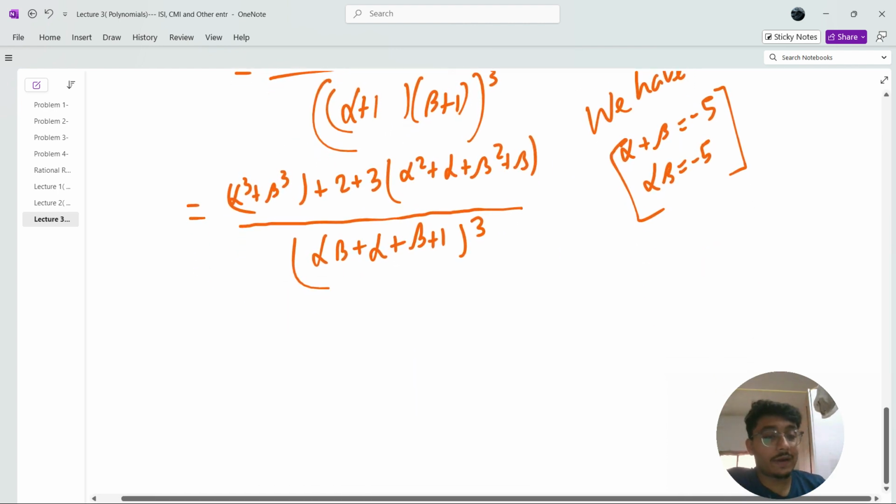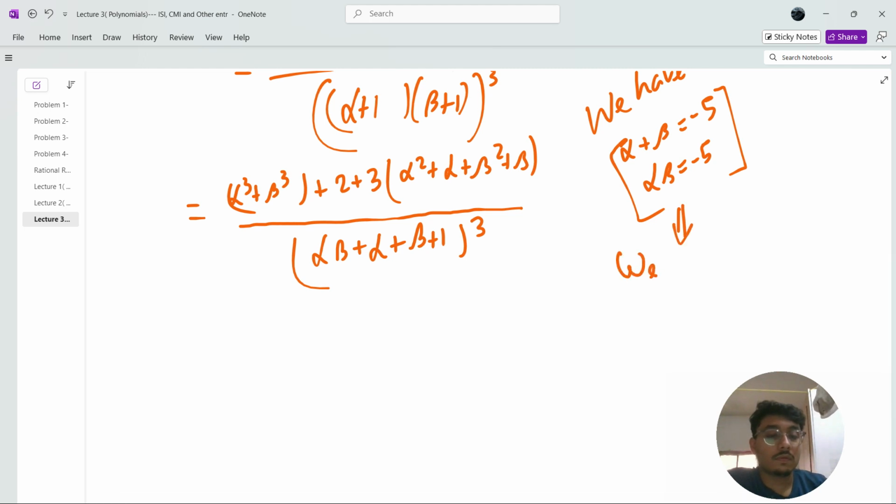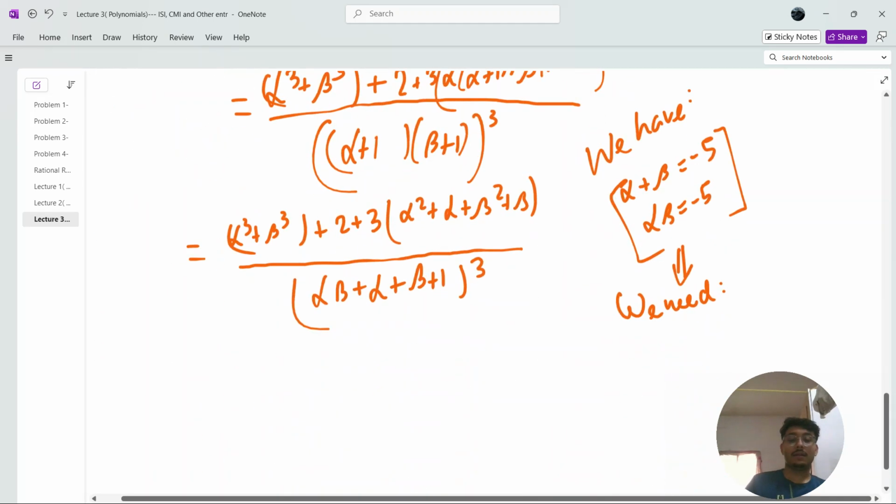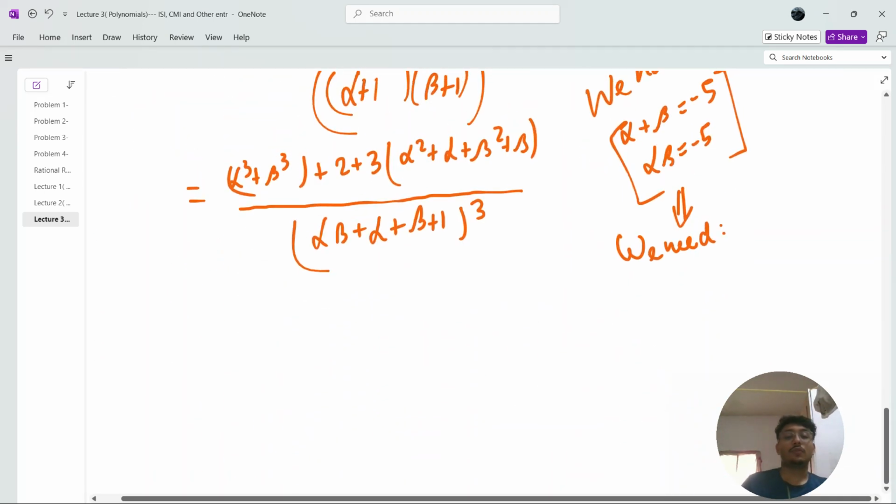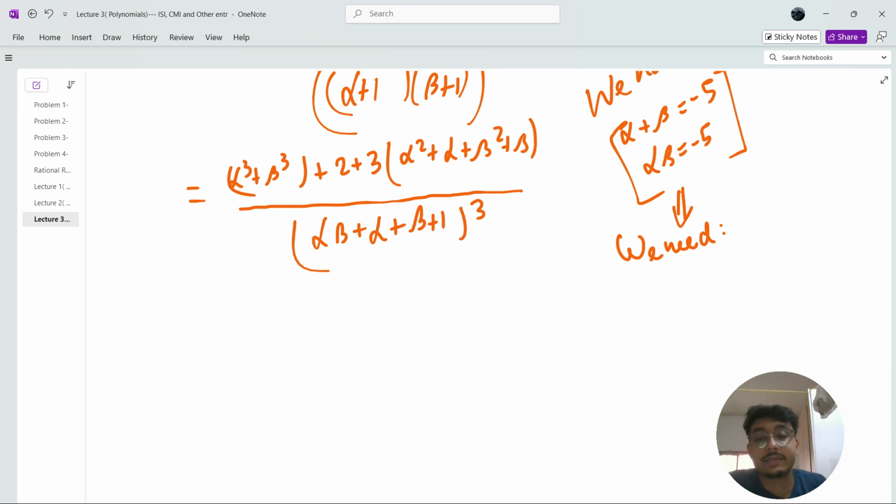And what do we need to find out from this? We need alpha plus beta is minus 5 and alpha beta is minus 5 again. These are the information which we had. We need to calculate this. So from here, what do we need? The additional information which can be calculated by manipulating these two equations is my alpha cube plus beta cube, alpha square plus beta square. So these are the two things which are needed.